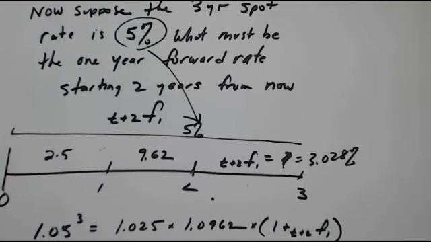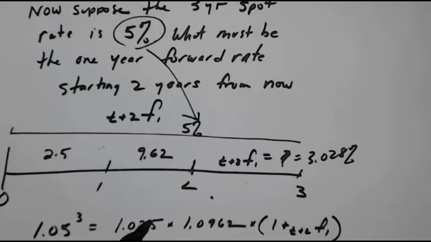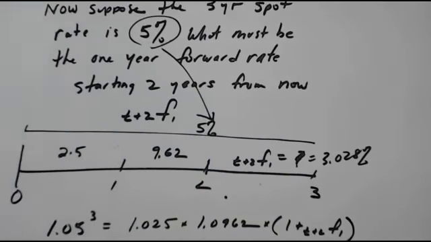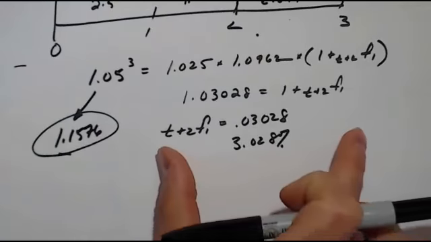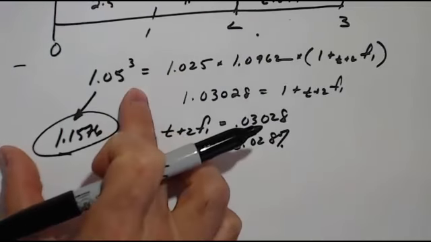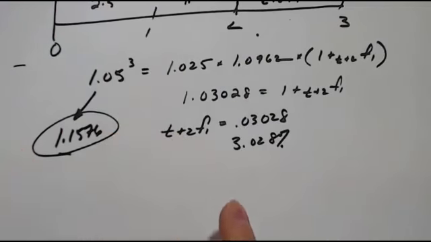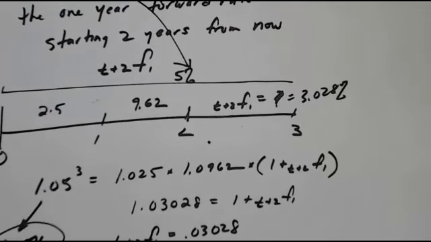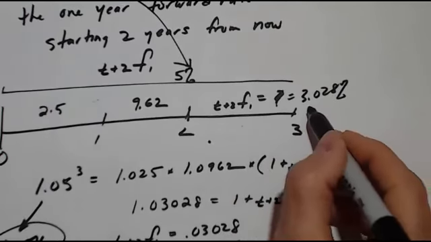This whole side will equal $1.1576. So we're indifferent between the two, and the interest rate that's embedded in these spot rates is right here, 3.028.